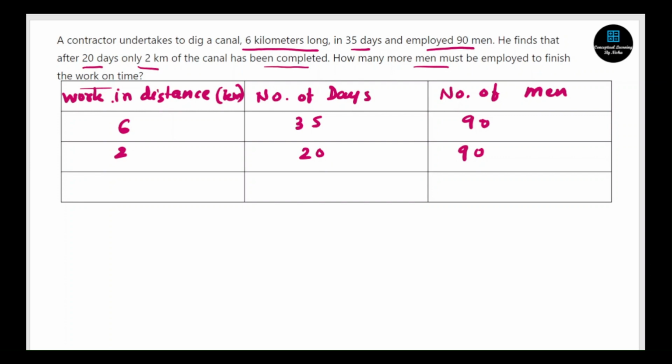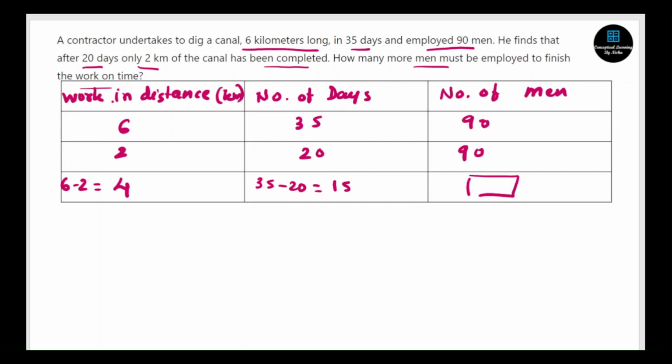Now to complete the work, we have to find for 4 kilometers remaining, 6 minus 2. Number of days remaining is 35 minus 20, which is 15. And you have to find how many men are required.